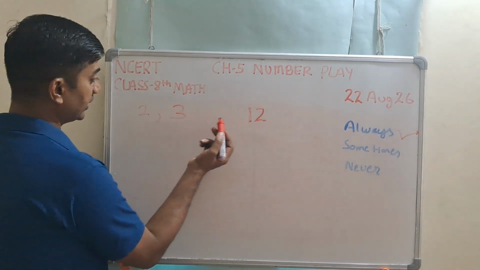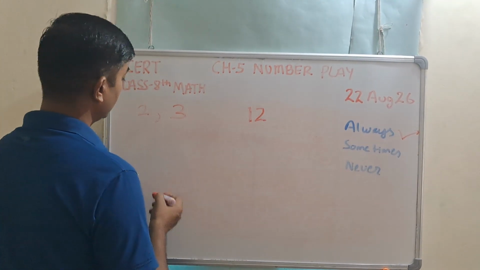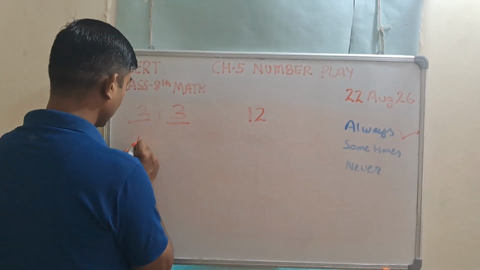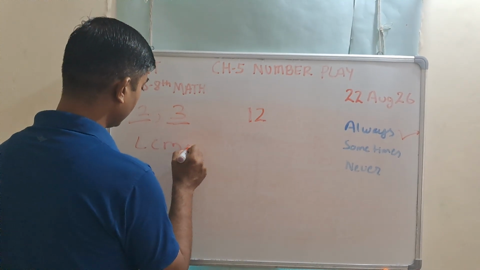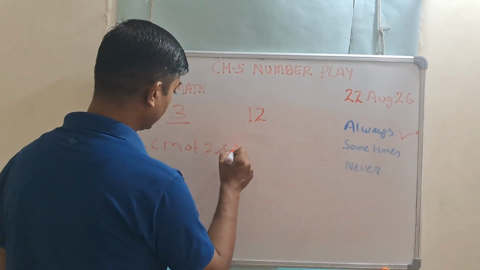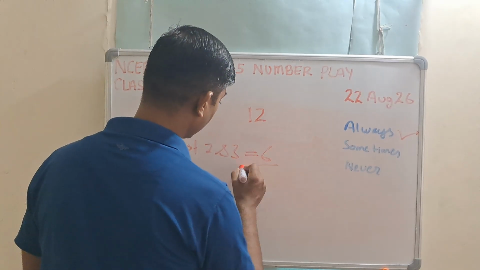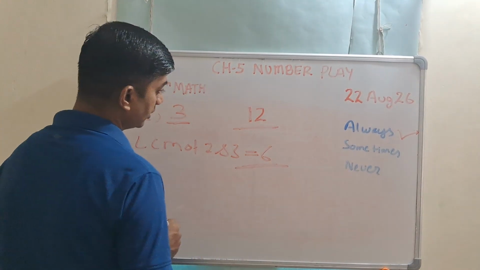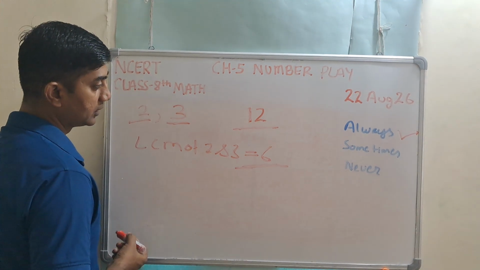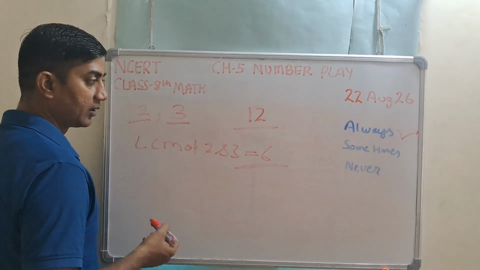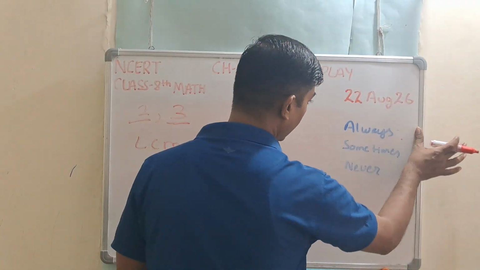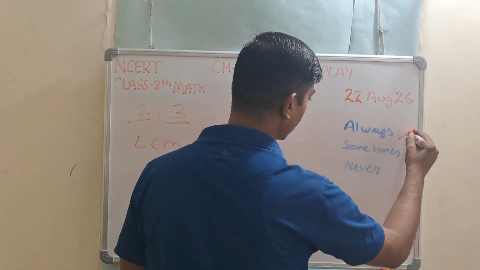So what is the LCM of these two numbers? LCM of 2 and 3 is 6. So this number must be divisible by 6, and that we know. This is the example. So the fact which we have discussed is always true. Understood?